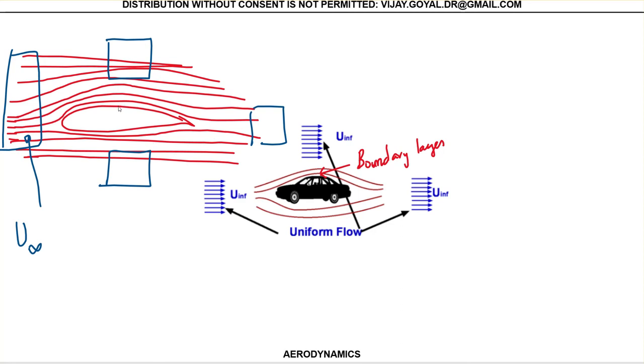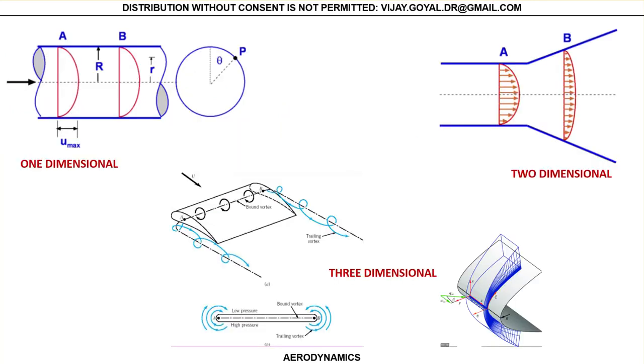However, as you're getting close to the airfoil, where you have a no-slip condition, you can see that it's not that uniform because you have boundary layers that develop, right? Anything below the boundary layer is not uniform. Anything above that is uniform. Okay, so that's important.